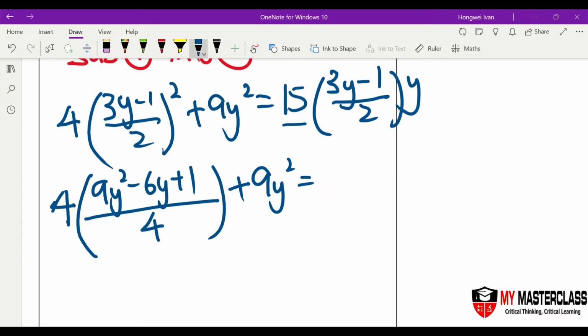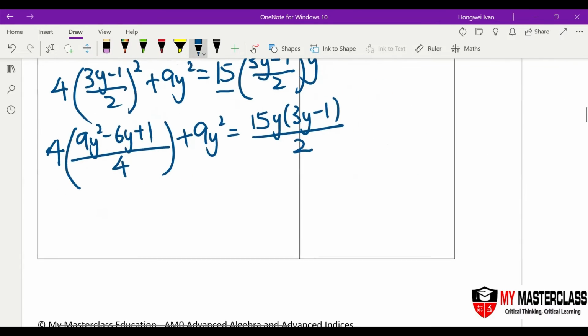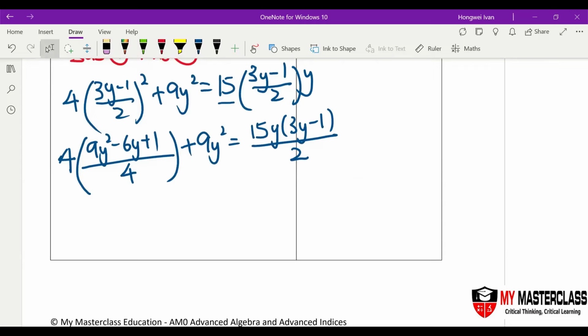The y can attach to the 15. 15y bracket 3y minus 1 over 2. All these are just getting you into the groove of it. So you realize that the 4 and the 4 can cancel, right? The only fraction left is the over 2.